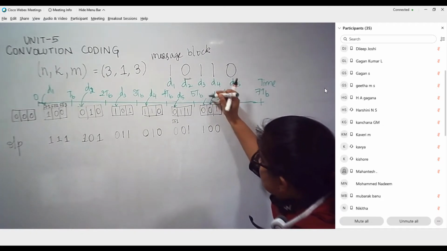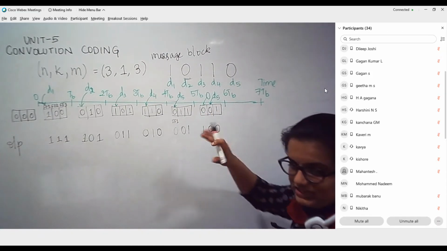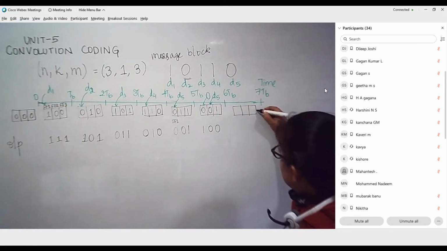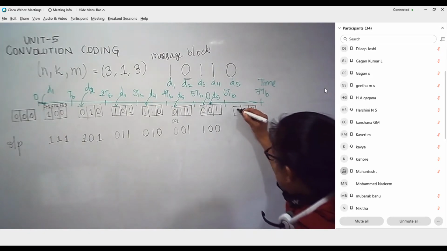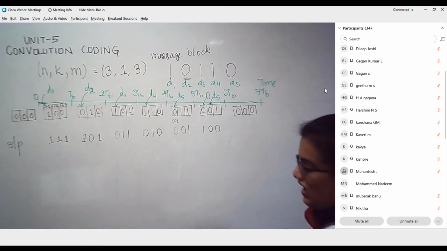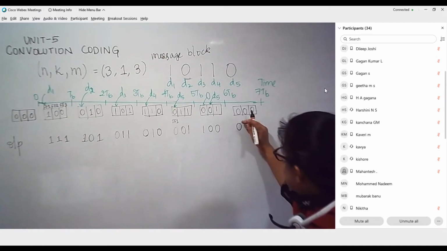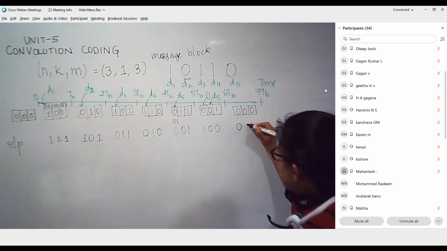This is a dummy 0. This is not a data sequence actually, but it is a 0 to push this data out of the shift register. So the last sequence is, this 1 gets pushed out, D5 comes to the extreme right, then 0 again, 0 again. The output is 0 for C1, C2 is also 0, C3 is also 0.